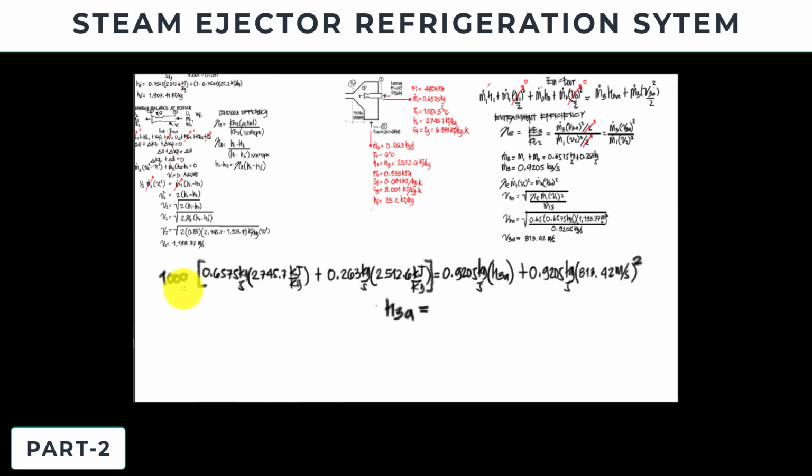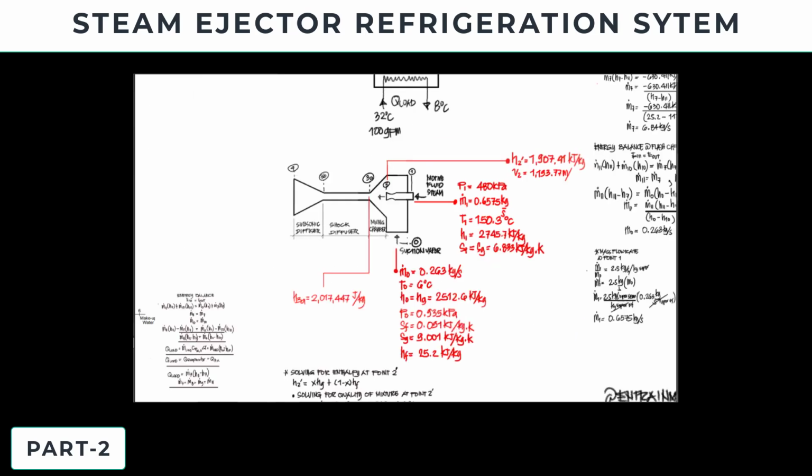So we need to multiply it by thousands in order to expand the values in thousands. After that we have the value of 2,000,017 and 447.9, in joule per kilogram. So adding that one in our schematic diagram to get the value of enthalpy 3a.